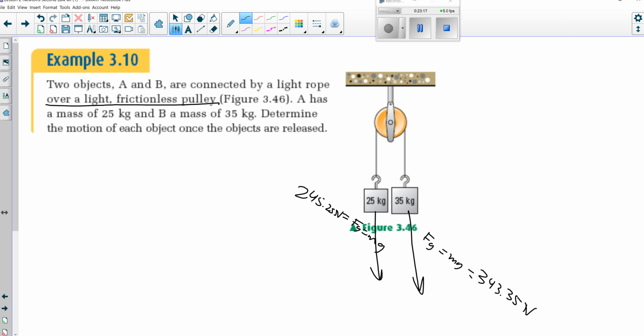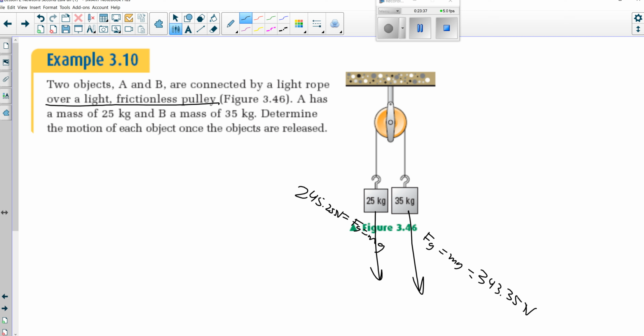You found the force of gravity for both? For both, yeah. Because those forces are going to oppose each other in this question. That's the important thing for us to realize. Even though it's gravity, it's opposing itself, because it's acting on two different parts of the system differently.